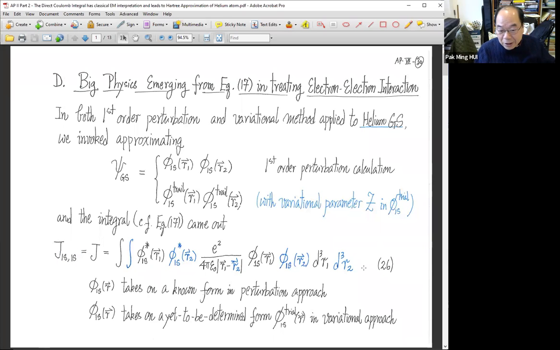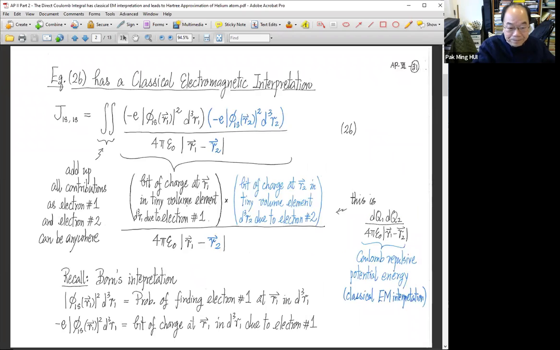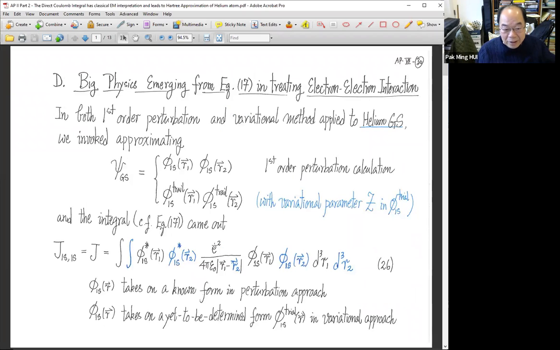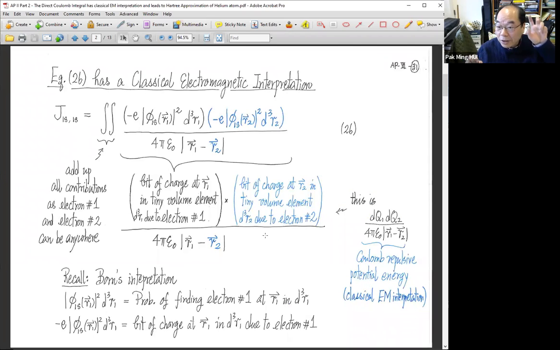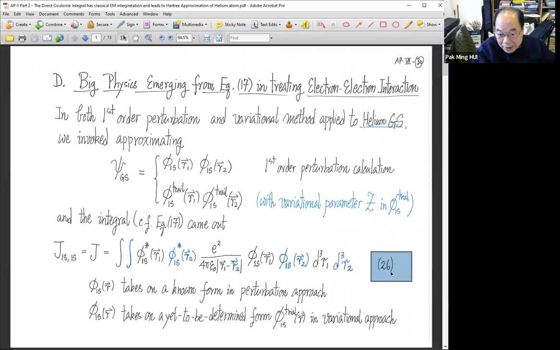So this is the integral that we want to interpret. Notice that the interpretation doesn't rely on whether we know the form or it is a yet to be found function, okay? It doesn't matter. So look at this. There's an e squared. I would like to write e squared as minus e times minus e because it is related to electron Coulomb repulsion. So therefore, it is the same thing, no new thing.